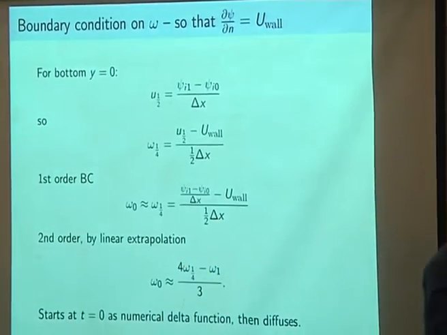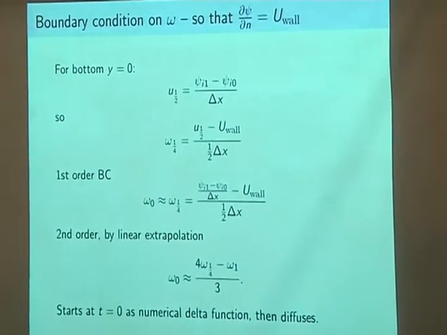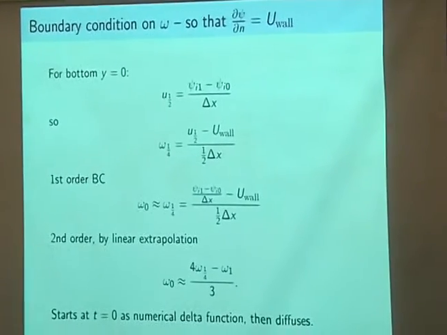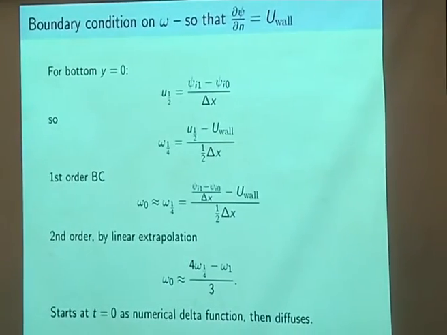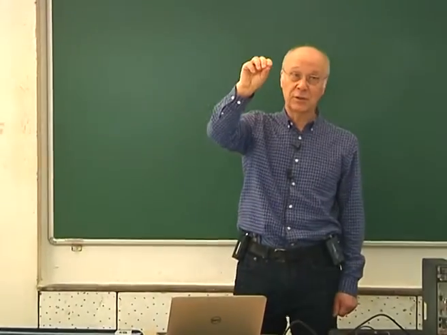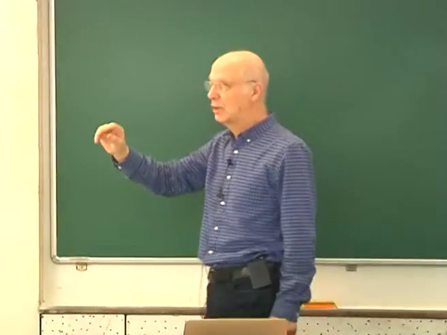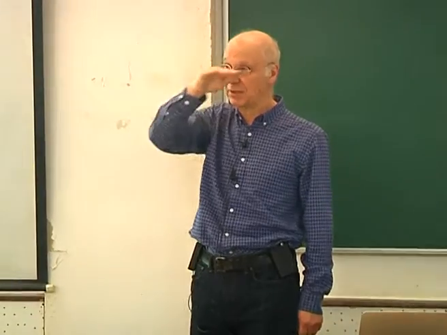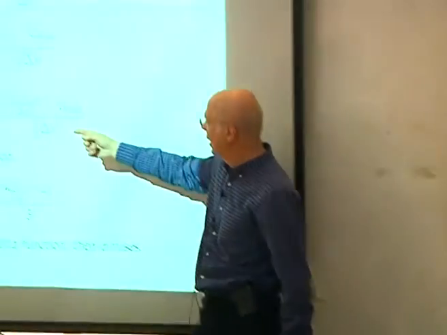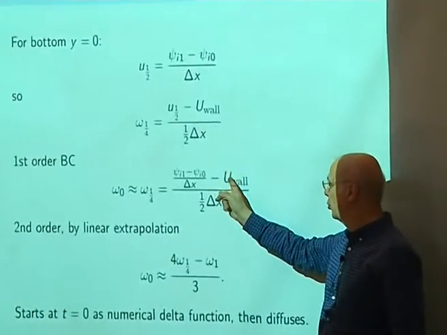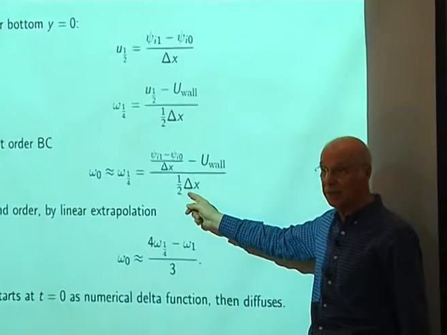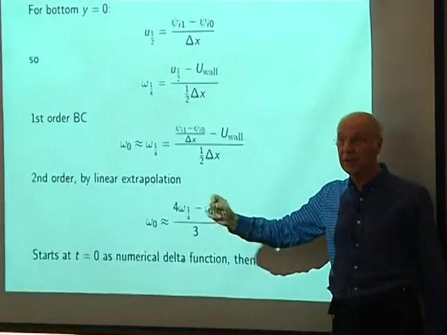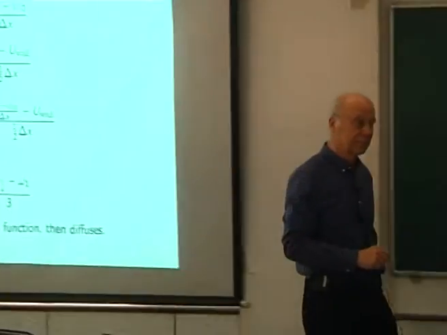So physically, when you start the flow from rest and suddenly apply a velocity on the boundary, you have a delta function of vorticity sitting on the boundary. We can't have an infinite delta function. The numerical representation of a delta function is to have actually minus 2u divided by delta x, a very large value because delta x is small, as the vorticity on the boundary.